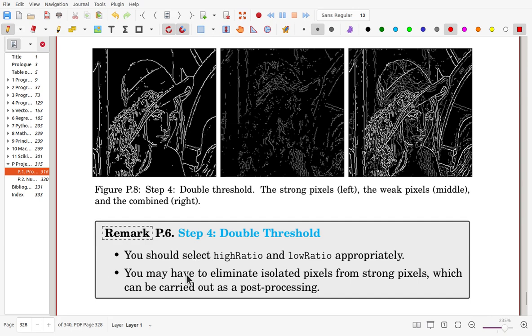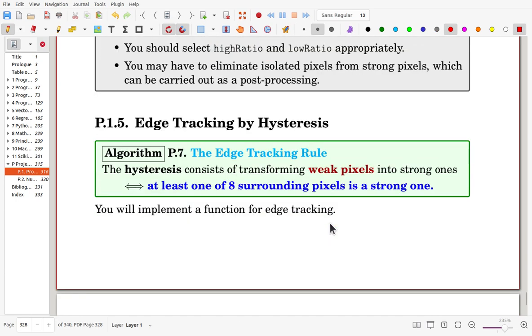Now for this current step, you should select the high ratio and low ratio appropriately. And also you may have to eliminate isolated pixels from strong pixels, which can be carried out as post-processing. Here, these isolated edges are bothering a little bit, so you have to eliminate those isolated strong pixels.